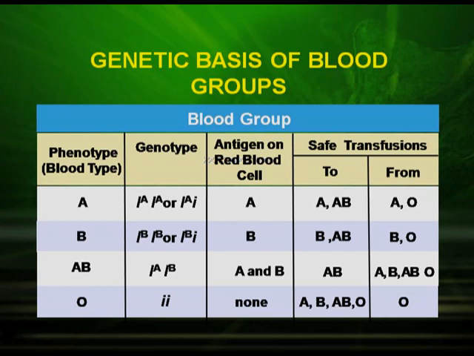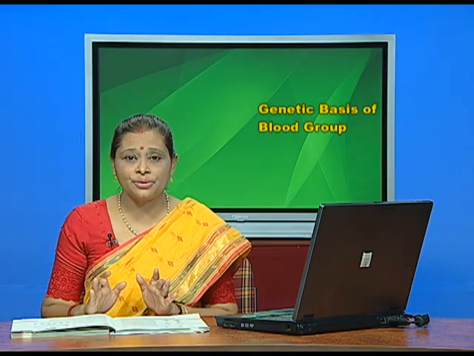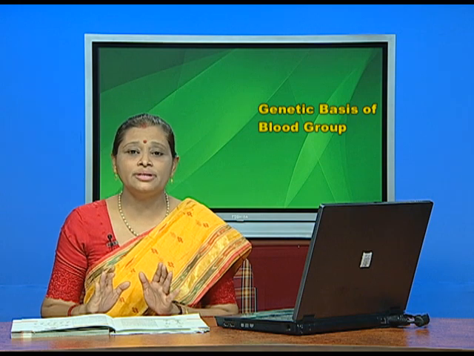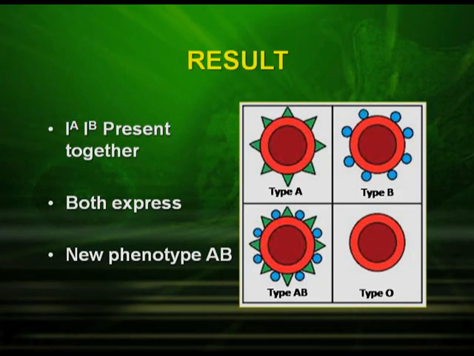Now let us come to the AB blood group. In the AB blood group, the antigen on the RBC has both the antigen for A and B. So it is a universal recipient. So this AB blood group is a new phenotype which was produced by the combination of the dominant allele of A and the dominant allele of B. Now if you look into the picture, you can clearly understand that the two dominant alleles IA and IB are present together.